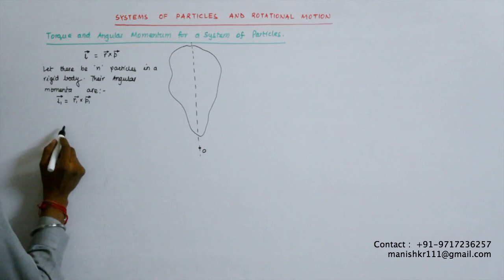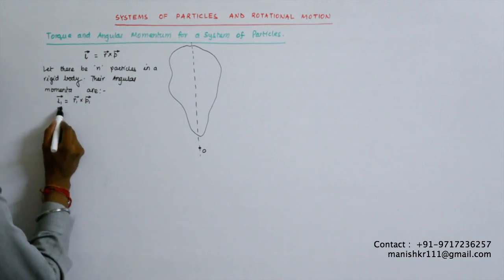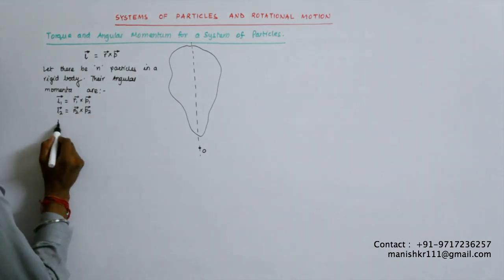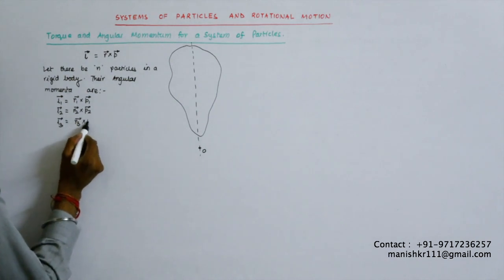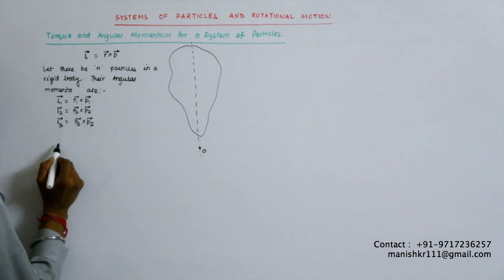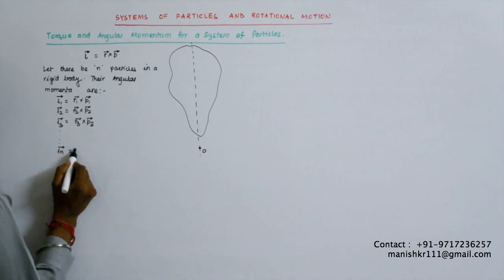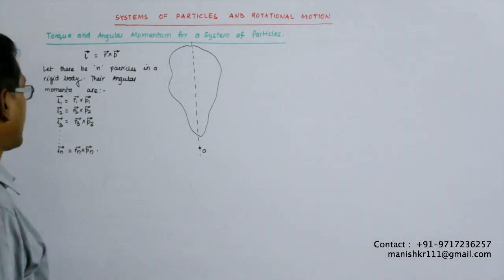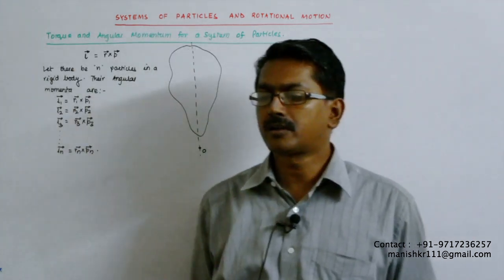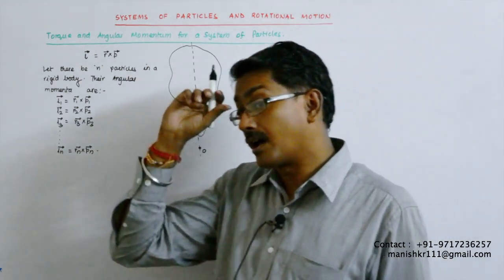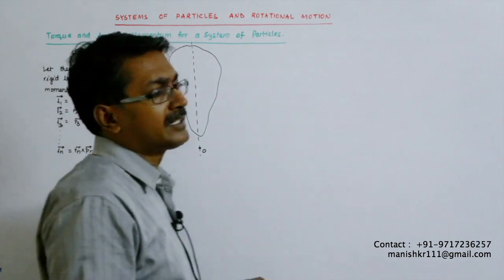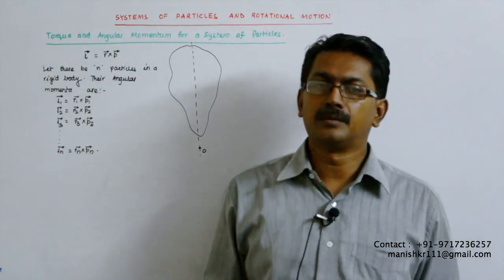Of course, all three are vectors. L2 is equal to r2 cross p2. L3 is equal to r3 cross p3, and so on. For the nth particle, Ln is rn cross pn. So this is what the angular momenta are, and angular momentum itself is a vector.